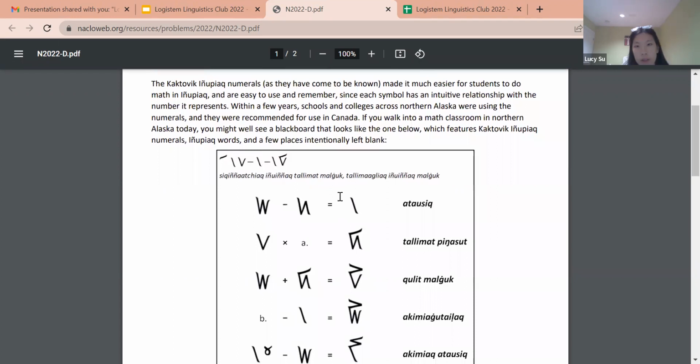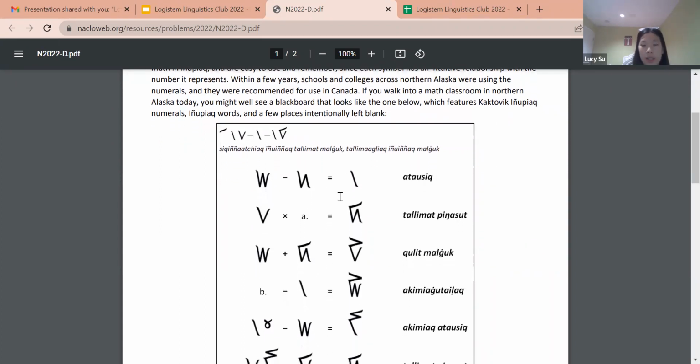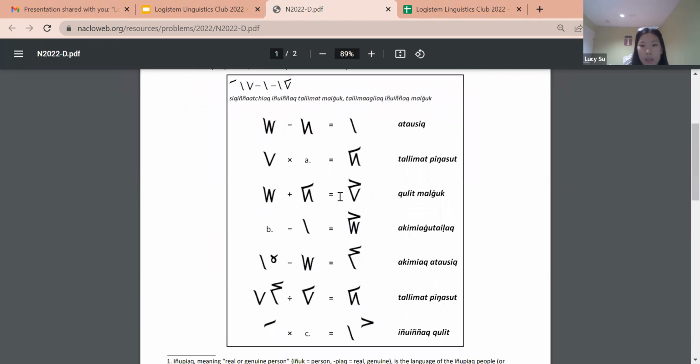So these numerals, as shown below, made it easier for students to do math since they're so easy to remember, and each symbol has a relationship with the number it represents. So a few years ago, Alaska actually used these in their school system, and Canada wanted to use them too. So you might see some of these symbols.